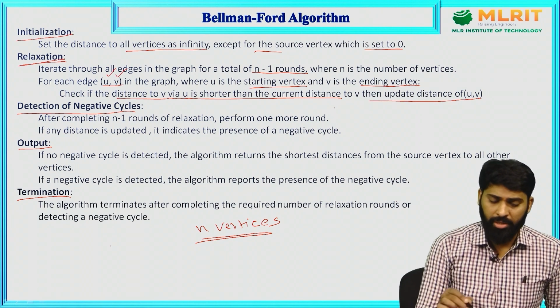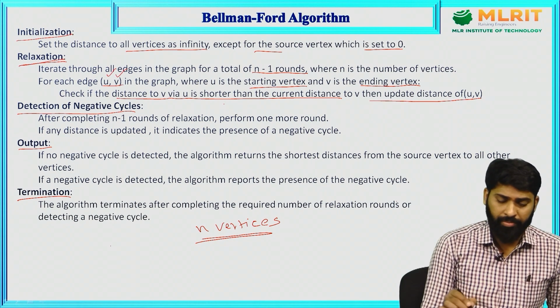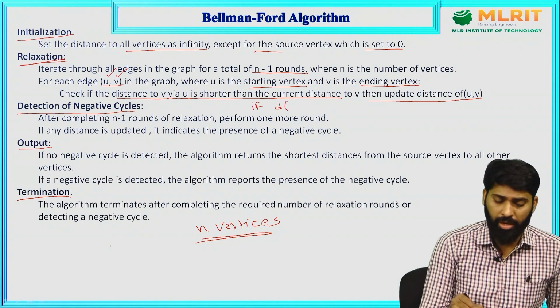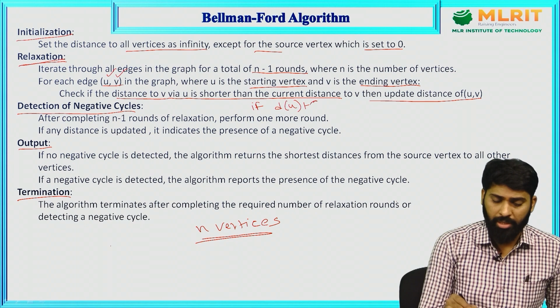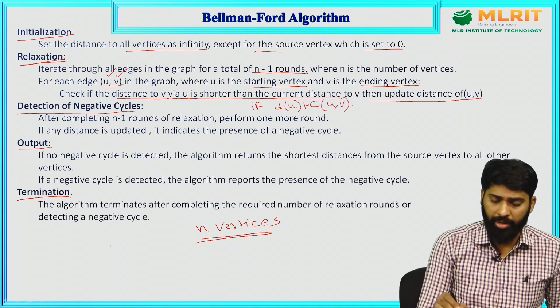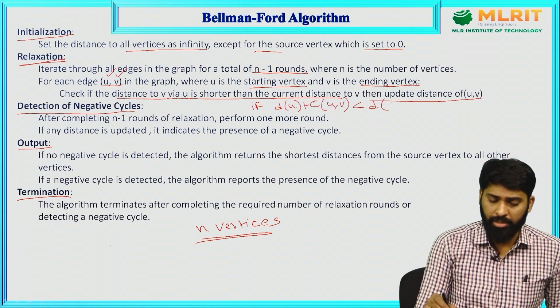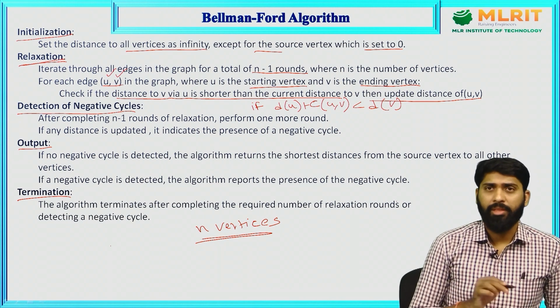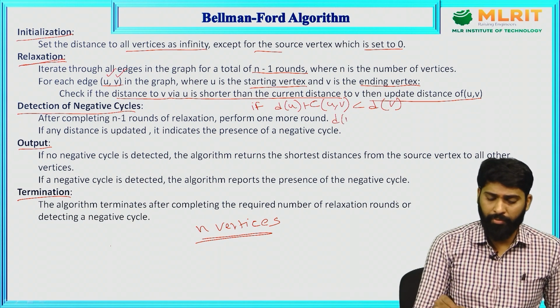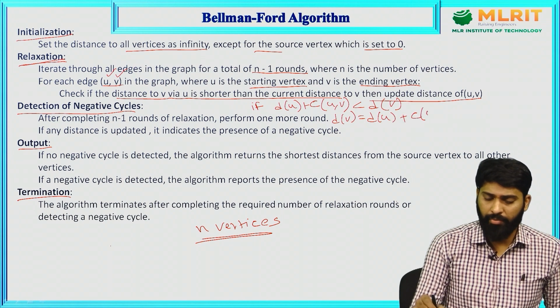The condition is same as Dijkstra's algorithm: if distance of u plus cost of u comma v is less than distance of v, then distance of v equals distance of u plus cost of u comma v.